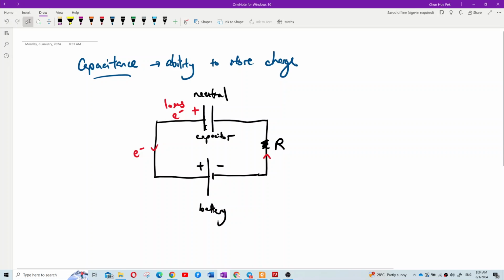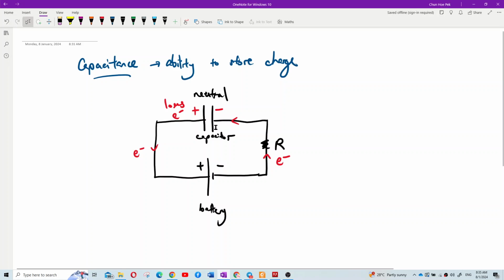Then this positive plate will start to pull electrons from the negative terminal of the battery. Electrons flow from the negative terminal and deposit at the opposite plate, so this plate becomes negative. Why is the electron pulled to deposit at this plate? Because of the positive plate.